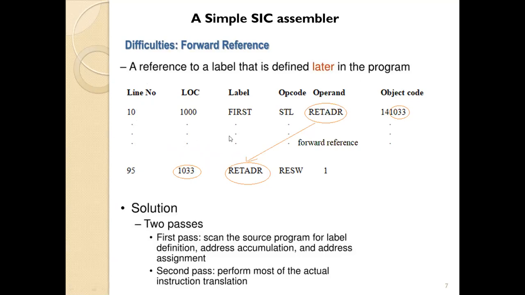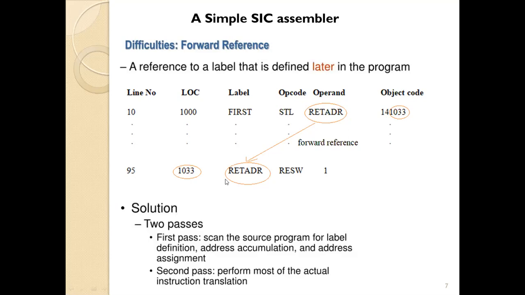Assume that the assembler starts translating this source program sequentially, one line at a time. When it comes to line number 10, what is the instruction we have? STL RETADR. What is this STL instruction doing? It stores the linkage register into the symbol RETADR.